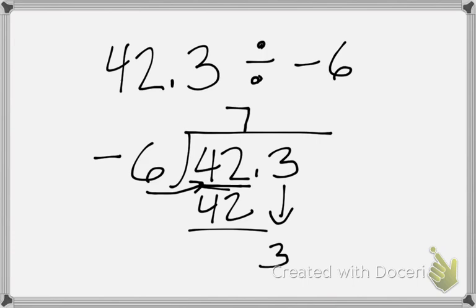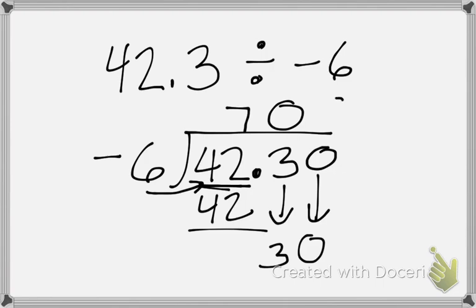I'm going to bring down that 3, but 6 doesn't go into 3 and come out to be a whole number. So I'm going to add a 0 because 6 goes into 3 0 times. But I can't have remainders when I'm doing decimals. So I'm going to add another 0 here because remember you can add as many zeros as you want to a decimal and it'll not change the value. Bring that 0 down.